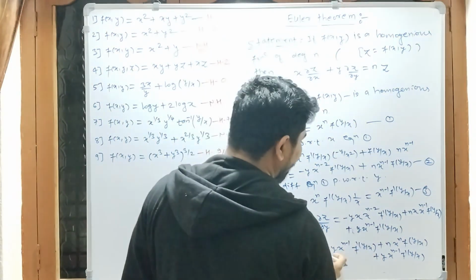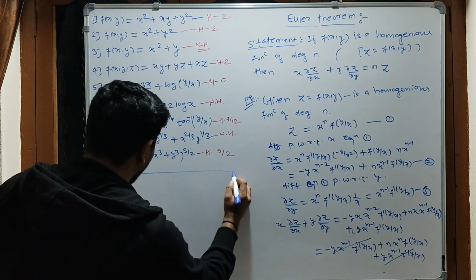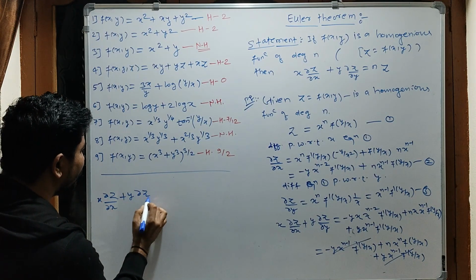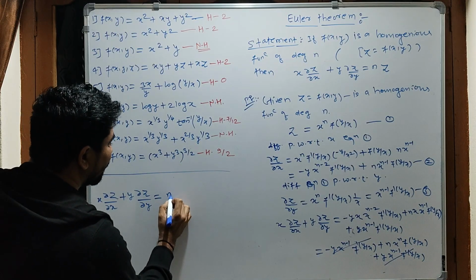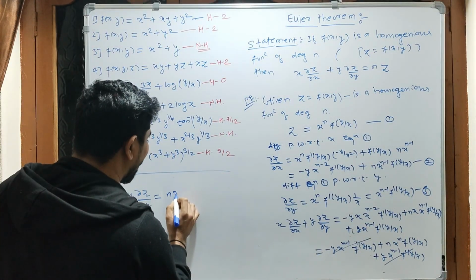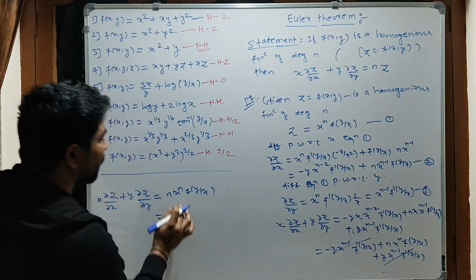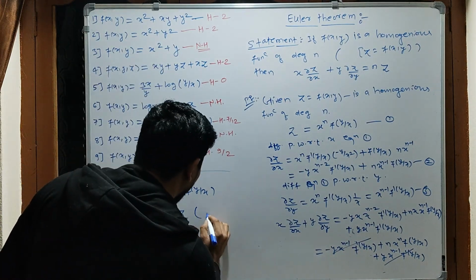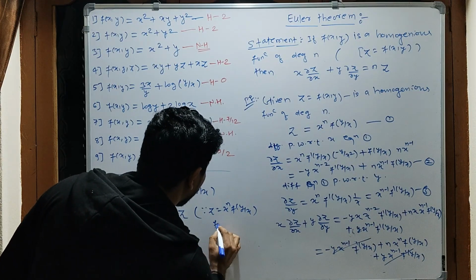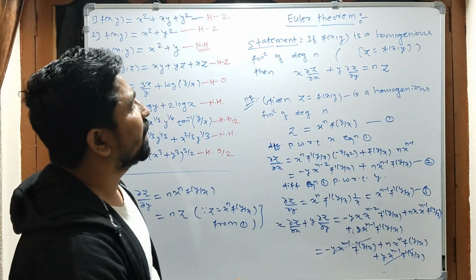Here one is a positive quantity and the other is a negative quantity, so they cancel. So x times dou z by dou x plus y times dou z by dou y equals n times x to the power n f of y by x, which is n times z, since z equals x to the power n f of y by x from equation 1.